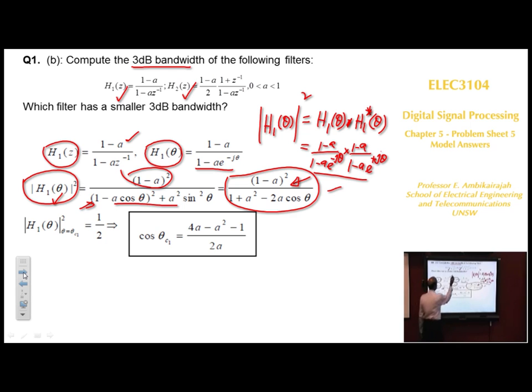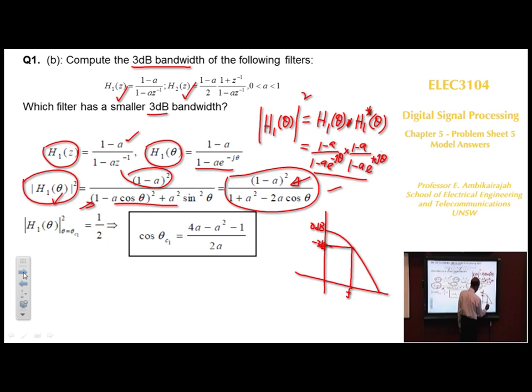Now for the 3 dB bandwidth, remember we learned that whether it's a low pass or high pass, if you take the low pass filter, if this is 0 dB, minus 3 dB is here. So the bandwidth means that frequency, θc, that's what we are trying to calculate. If you assume this is 1, this will be 1 over root 2 down. So one or the other you can do. That's in voltage.